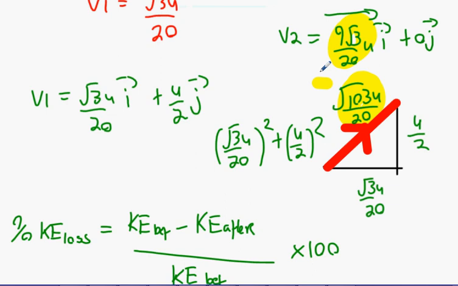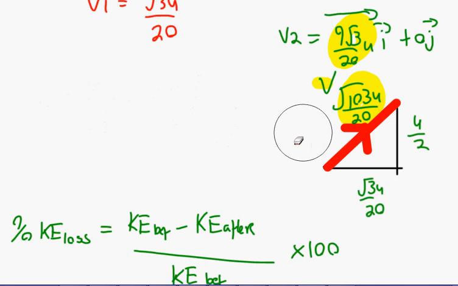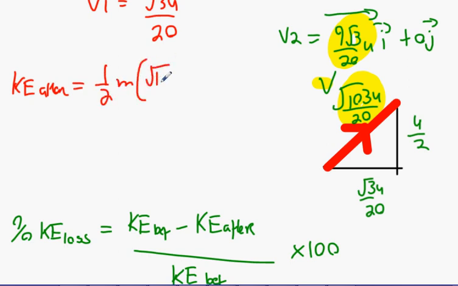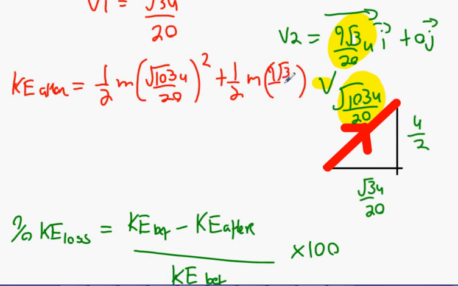So to get the kinetic energy afterwards, it is going to be a half m times root 103 u over 20 squared plus a half m multiplied by 9 root 3 over 20 squared. Now that is pretty major looking, isn't it? Okay, 173 over 200 m u squared.